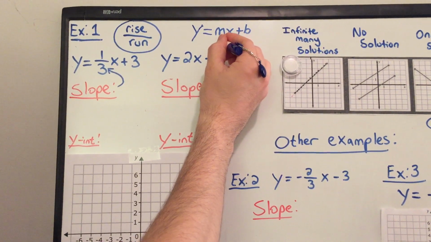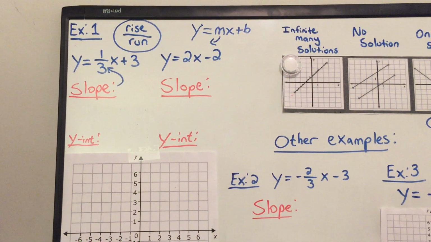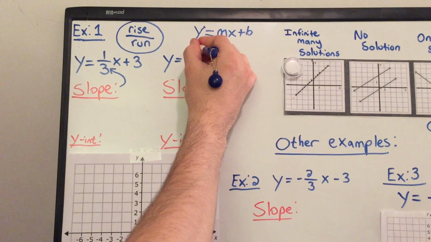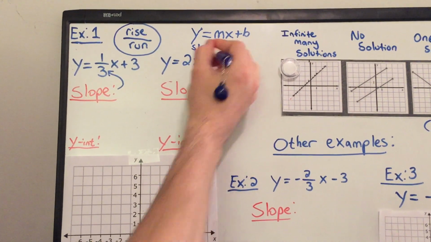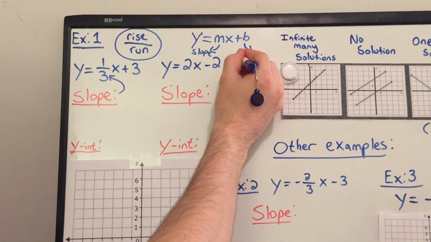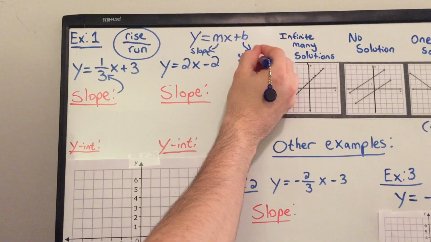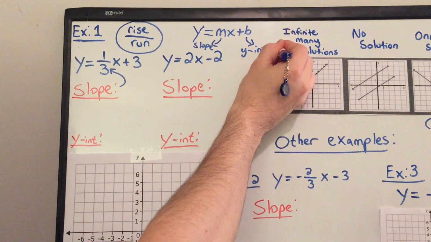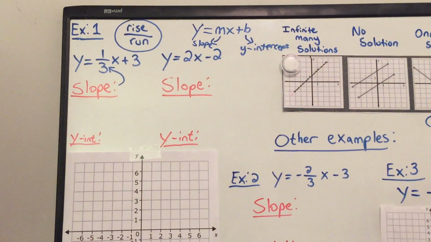M, if you remember, or if this is new to you, is what we are going to associate with slope. B right here is what we're going to associate with the y-intercept. Okay?